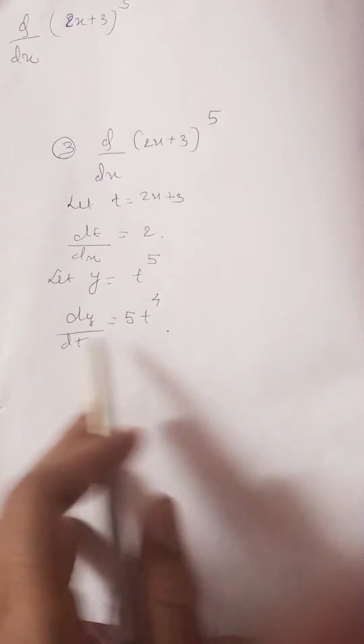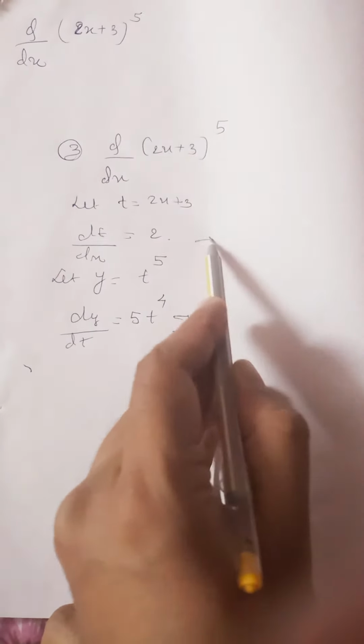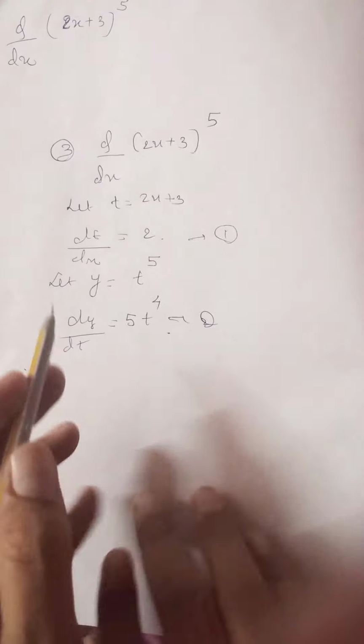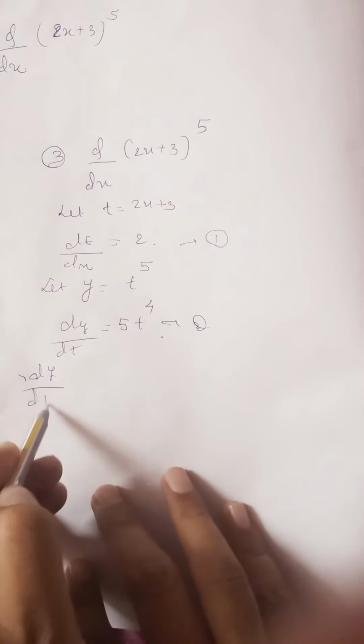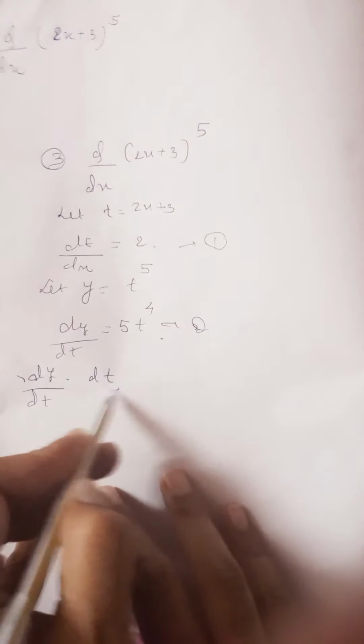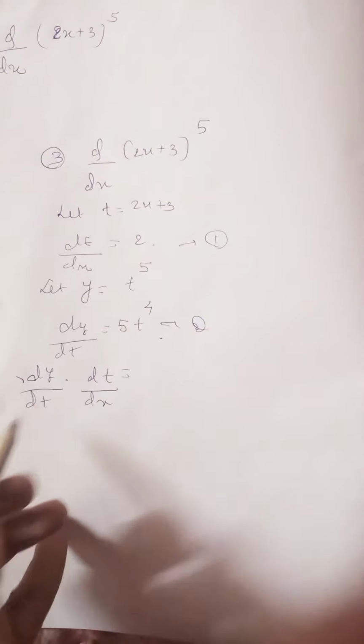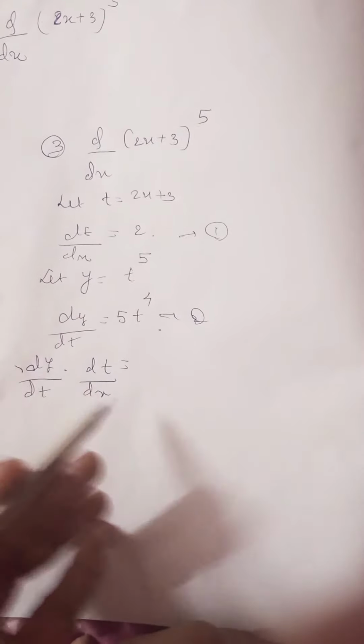Now this is equation 2, and this is equation 1. Now multiply both these equations. Dy upon dt into dt upon dx will give us dy upon dx.